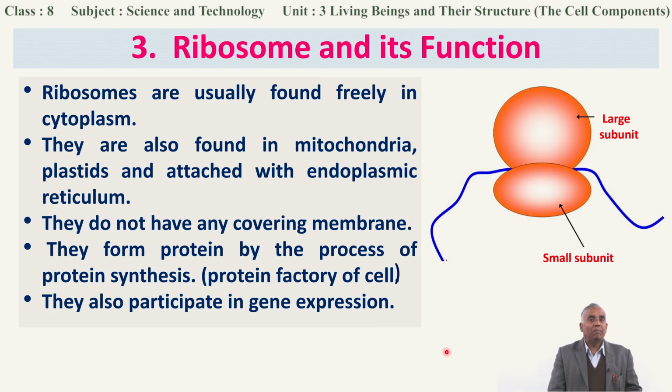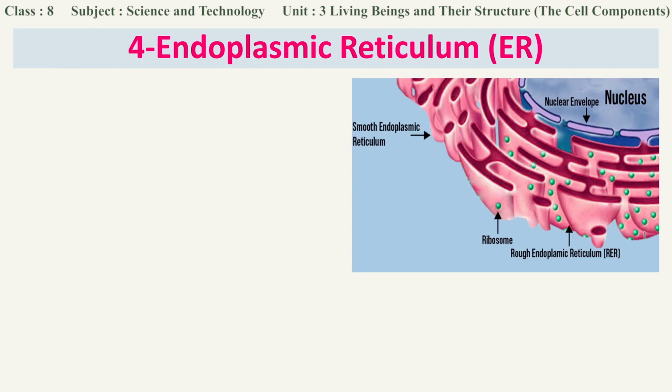Transformation of what? Parental characters. So these genes carry some characters which express their characteristics in offspring. So that gene expression is controlled by what? Ribosome. Yes? Okay.